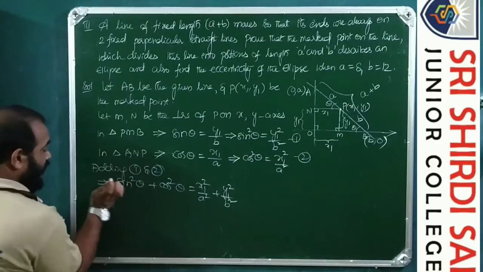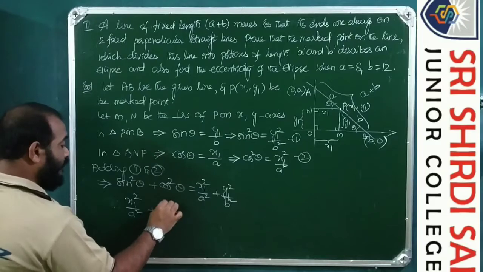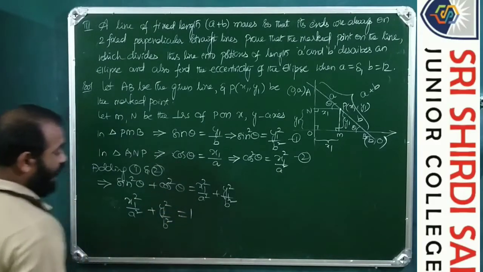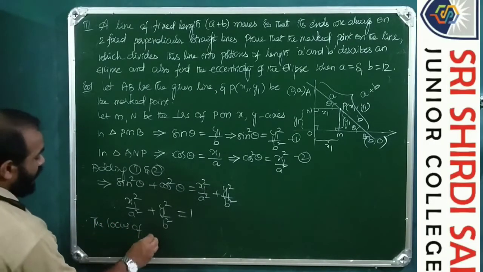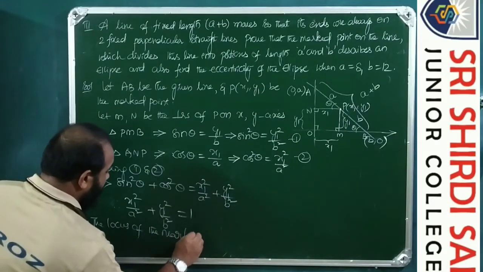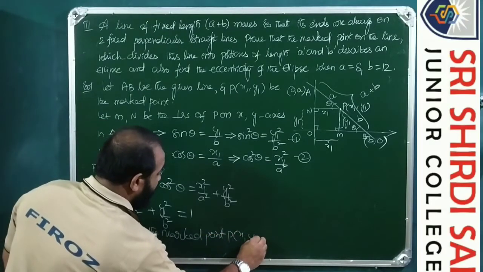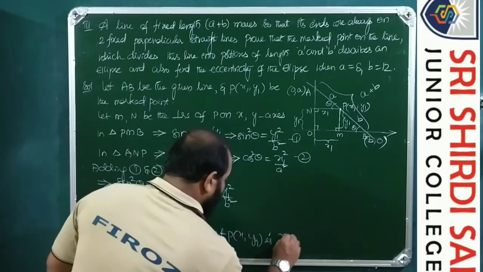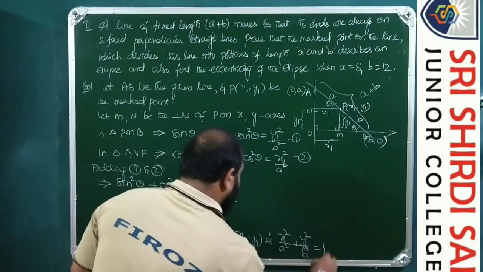So therefore x1 square by a square plus y1 square by b square is equals to sin square theta plus cos square theta is 1. Therefore the locus of the marked point P x1 y1 is x square by a square plus y square by b square equals to 1.